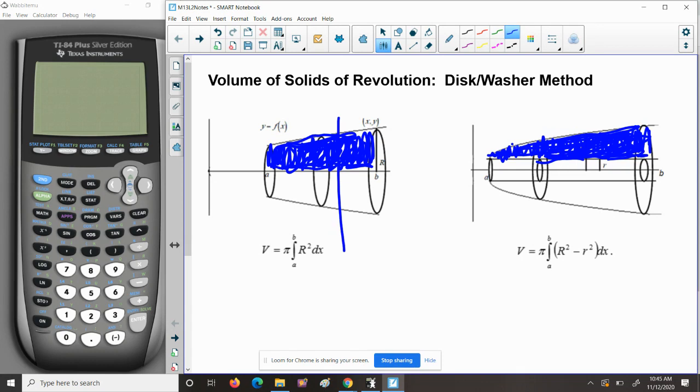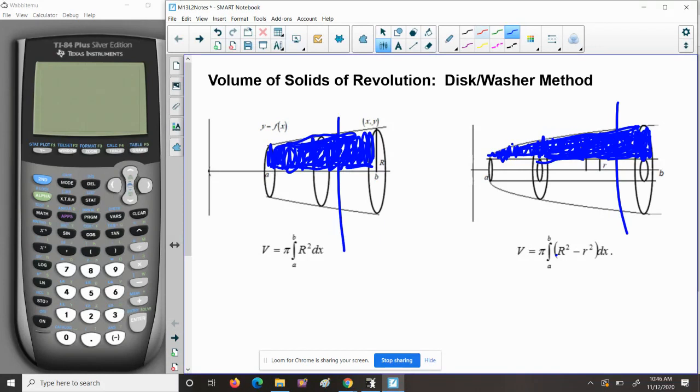So this is why it's called a washer. If we were to cut a cross section out, notice, look at this picture at the end. We would have a circular region in the middle where we didn't have any volume because there's no area there to rotate. So we have to think about taking the area of the larger circle and subtracting the area of the smaller circle, and that's what we're taking the integral of. So that's why we have big R squared minus little r squared.